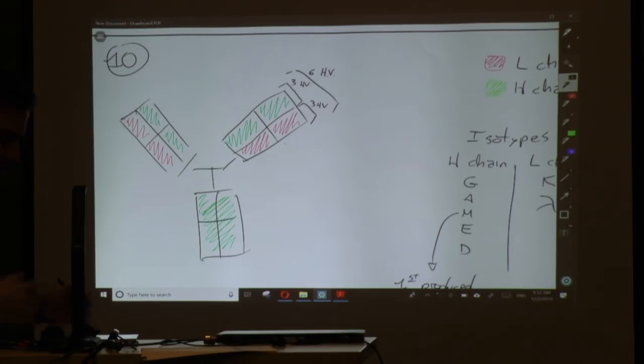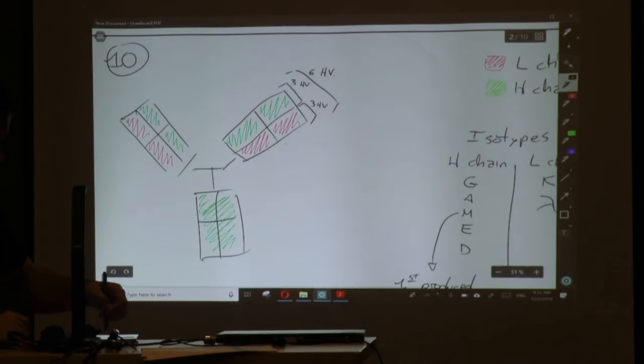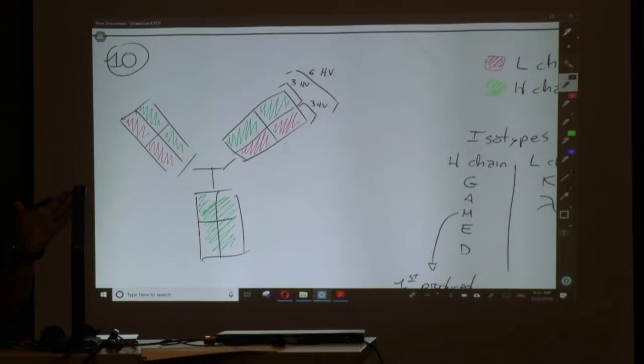Awesome. So just remember, if you come across a question that asks how many hypervariable regions you have in an antibody, remember: 6 hypervariable regions per binding site, and the minimum number of binding sites on an antibody is 2. Then you have to figure out whether it's monomeric, dimeric, or pentameric, right?